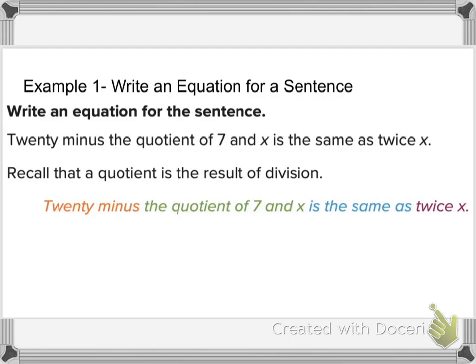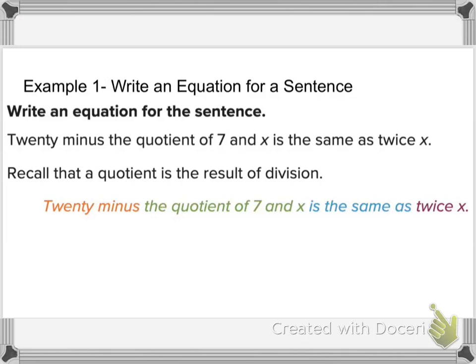So, it wants us to take the sentence and write it as an equation. Someone want to help me out on this one? Very similar to what we did in chapter 1. It's just adding an equation to it instead of just an expression.